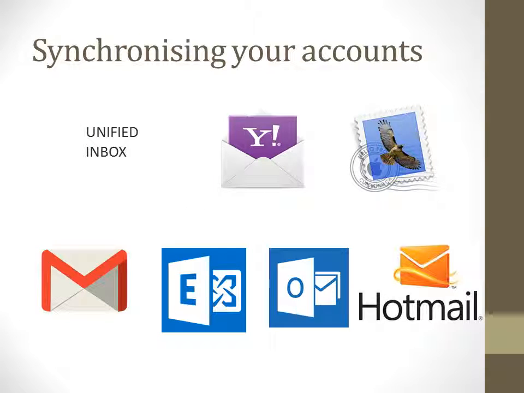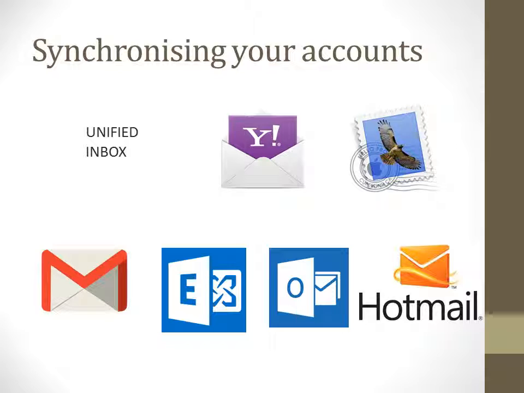One of the most useful things about bringing your email to your mobile platform is having a unified inbox. So you might have 2 or 3 or even more email accounts that you're regularly checking, some for work, some for personal, and some for relating to maybe positions that you hold on a centre or a responsibility that you have for some institution.